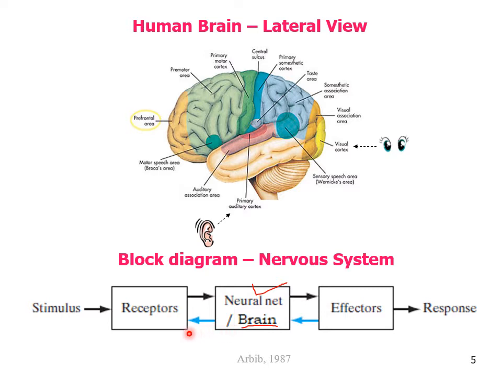The receptors convert stimuli from the human body or the external environment into electrical impulses that convey information to the brain, or the neural net. The effectors, that is the last block in this figure, convert electrical impulses generated by the neural net into discernible responses as the system outputs.